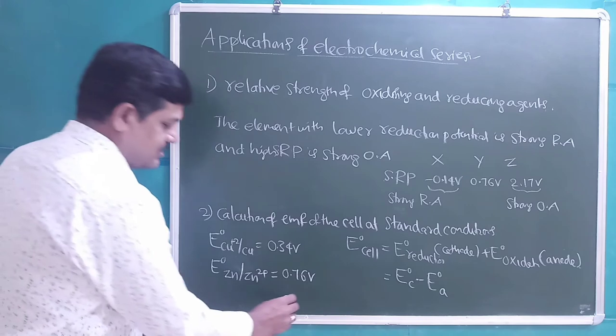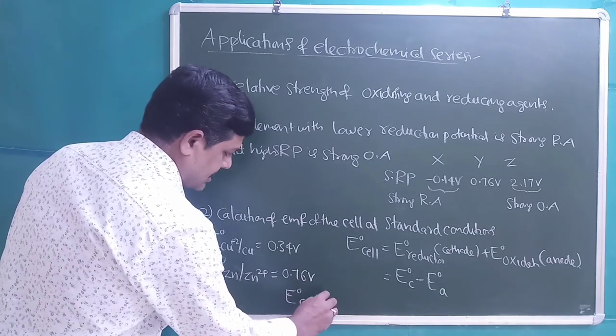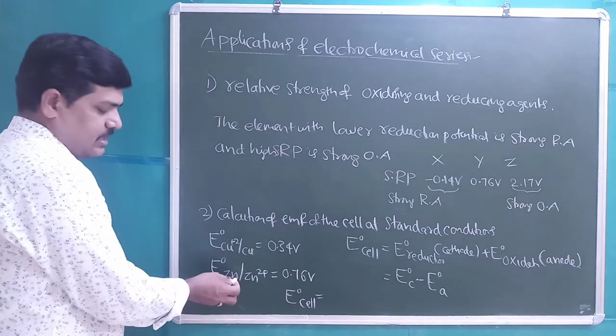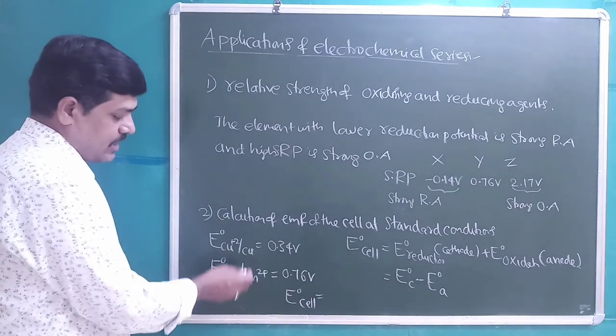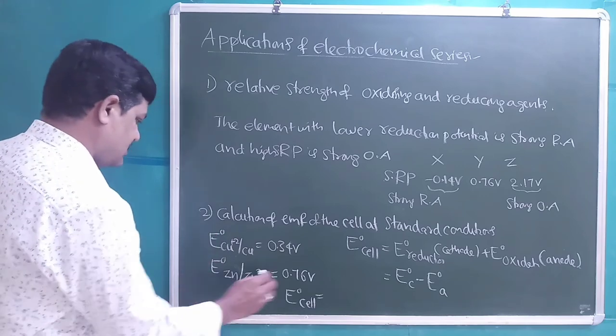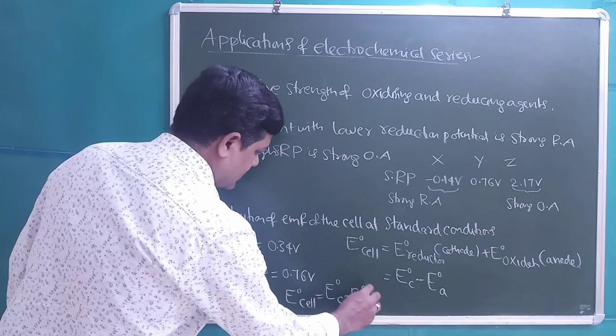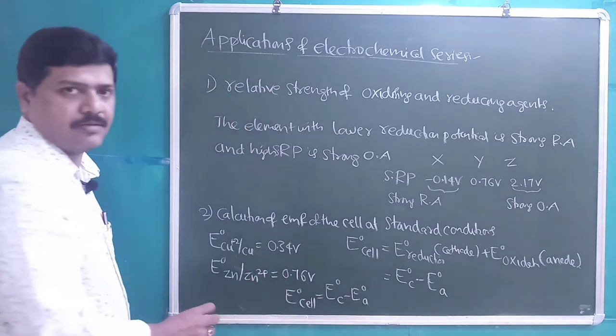To calculate the E naught cell, zinc is acting like an anode and copper is acting like a cathode. We write E naught cathode minus E naught anode, provided both are reduction potentials.